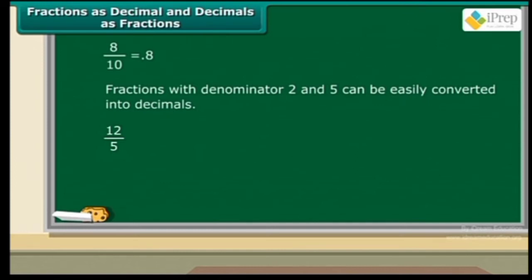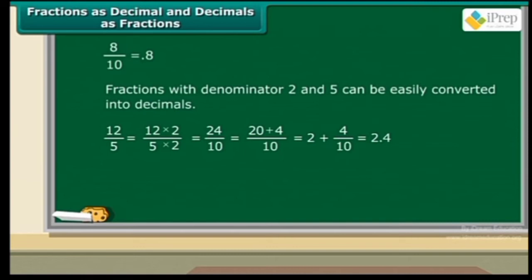To know the number of tenths, multiply and divide the given fraction by 2. This gives the new fraction 24 upon 10. So we have 2 ones and 4 tenths, or 2 ones and 0.4, which makes it 2.4.